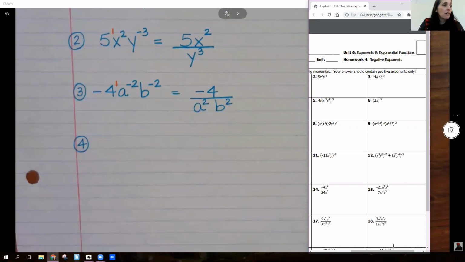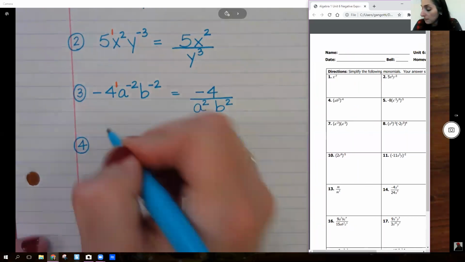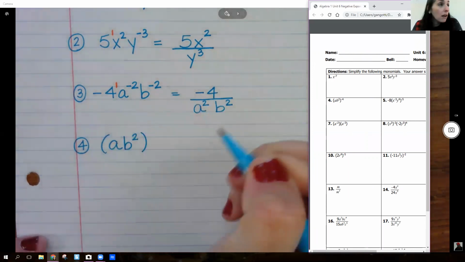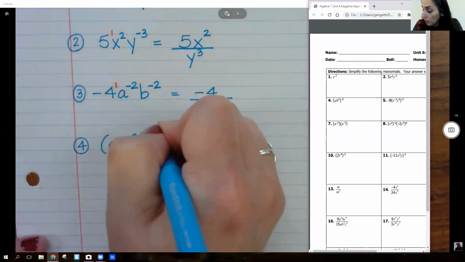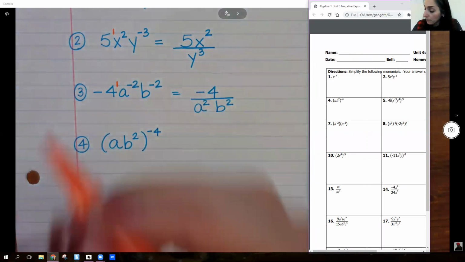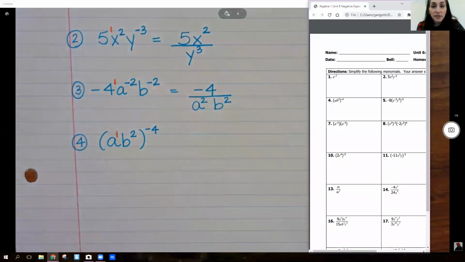Number 4. Okay, so this is AB squared raised to the -4 power. So this is a power raised to a power. So you put a little 1 right there. The more colors that you have, the better, okay?